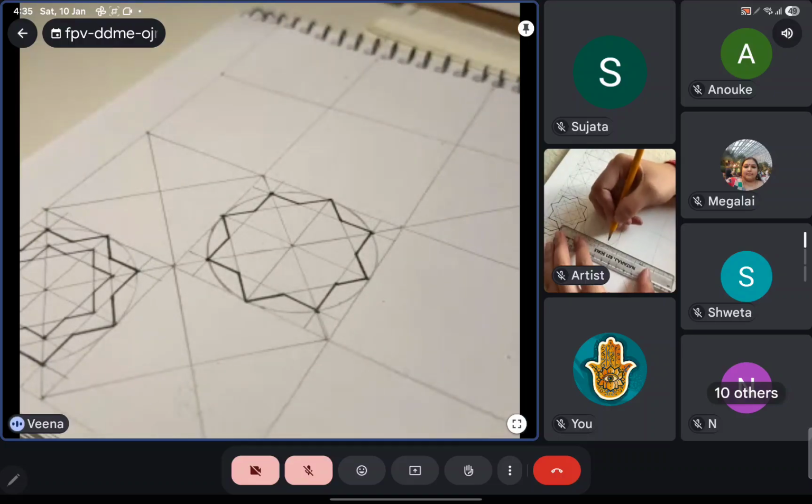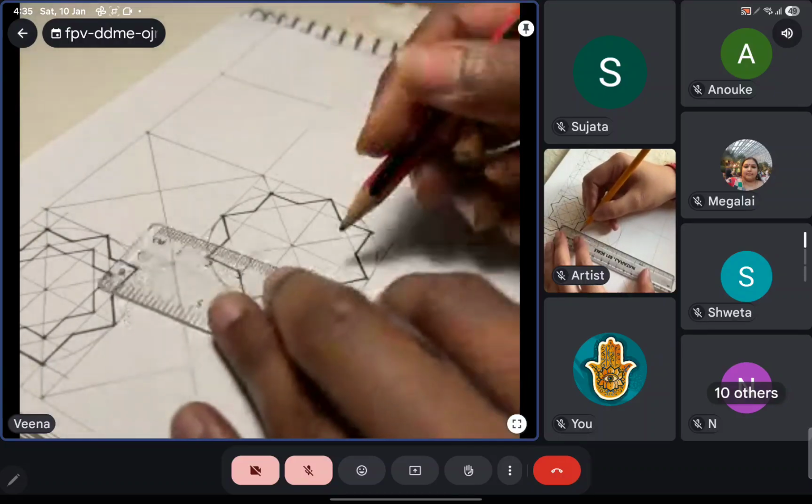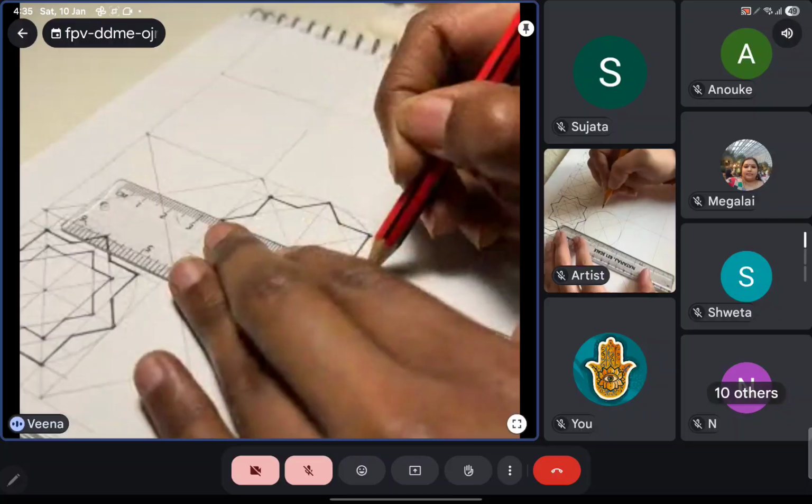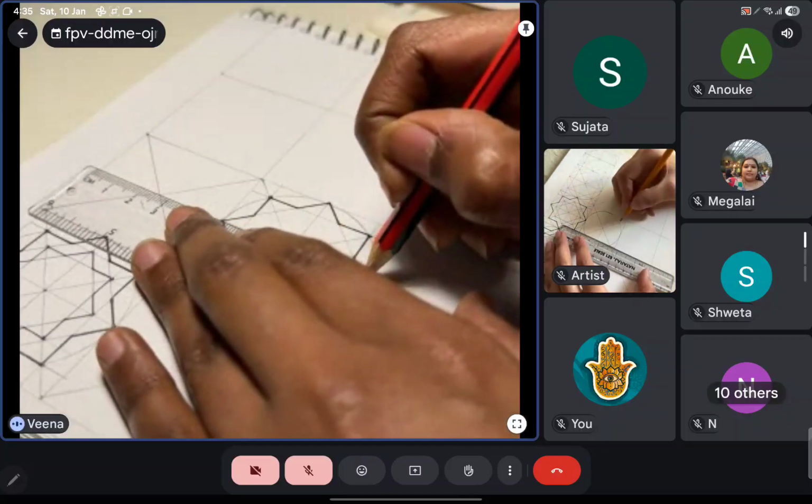Okay, and then I'm just going to take this as an example instance.